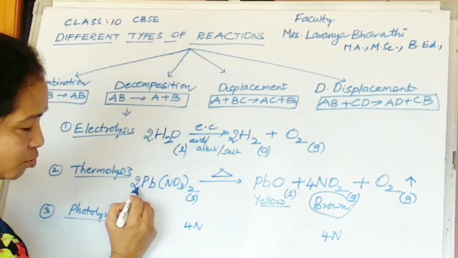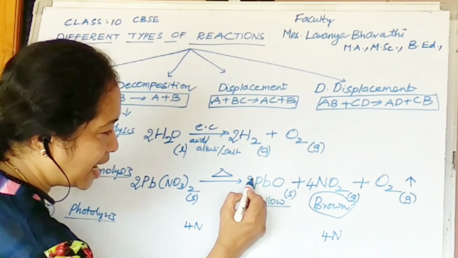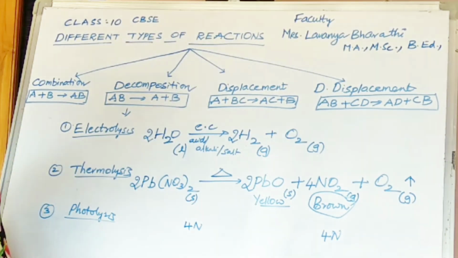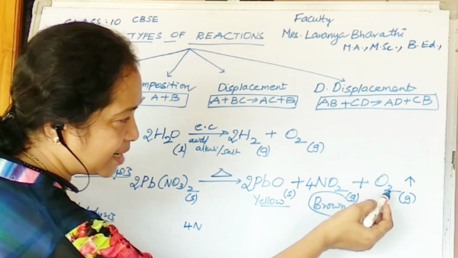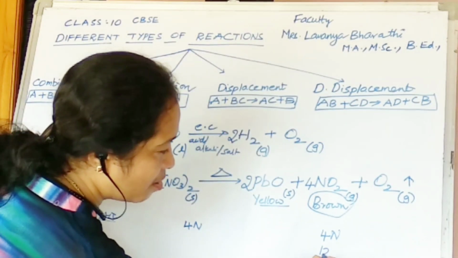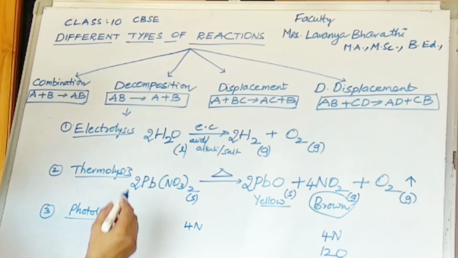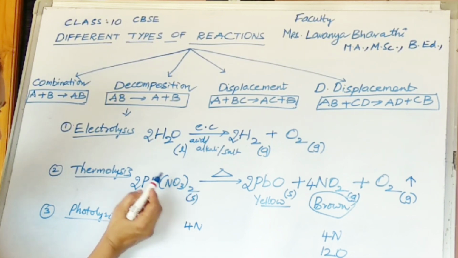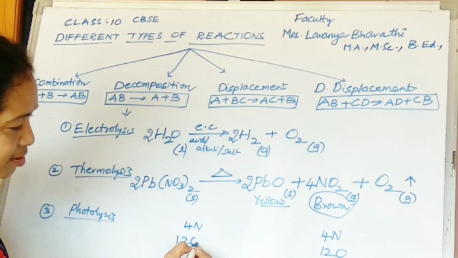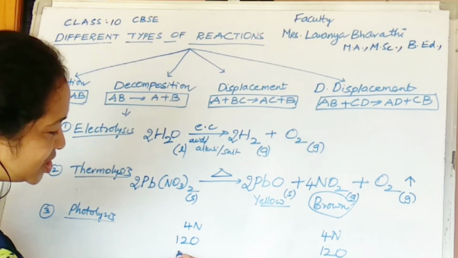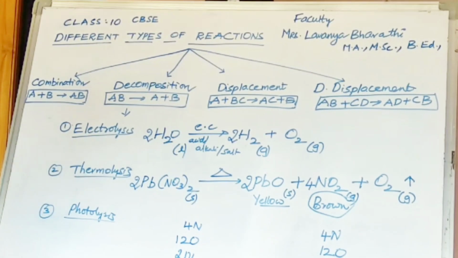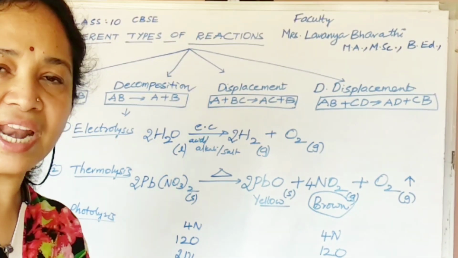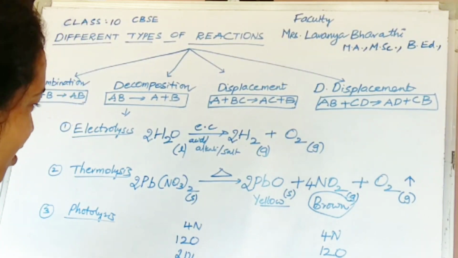So keeping in view the number of atoms of lead, I am increasing the moles of lead monoxide as 2. Now you can count 2 plus 8, 10, 10 plus 2, 12 oxygens on the right hand side. And here also 3 twos are 6, 6 twos are 12, 12 oxygens. Then coming to lead, 2 lead as well as 2 lead. In this way, you should not leave any reaction unbalanced, and you need to balance every chemical reaction.